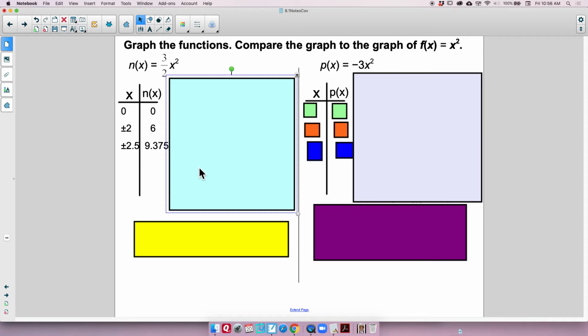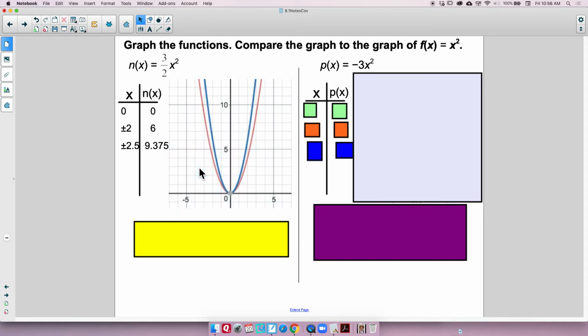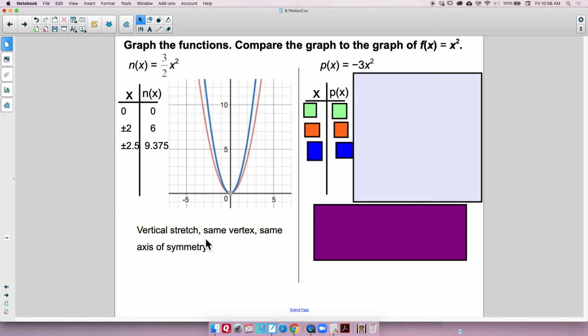Again, you don't have to do that, but it's really more about trying to get a better sense of what the graph's going to look like. So ours is the blue, which makes sense because this is a coefficient that is bigger than 1. So it opens the same way, it's a vertical stretch, and same vertex, same axis of symmetry.